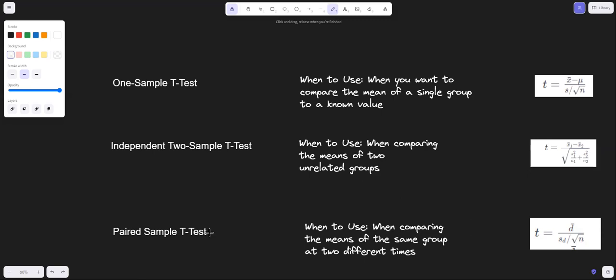Let's see the one sample t-test first. When do we use it? When you want to compare the mean of a single group to a known value.